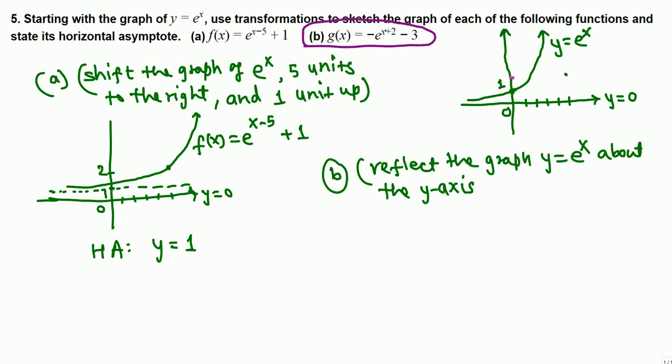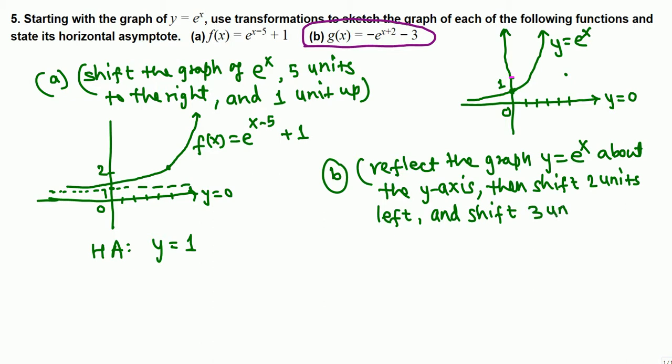Then we have e raised to x plus 2. This plus 2 means shift 2 units left, and minus 3 means eventually shift the whole graph 3 units down.